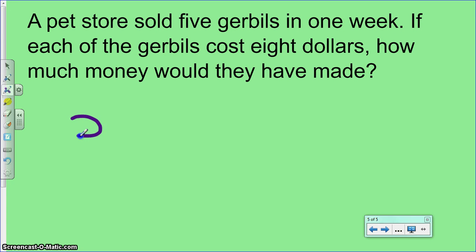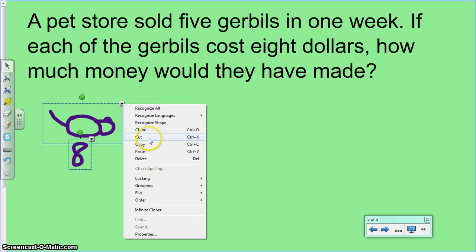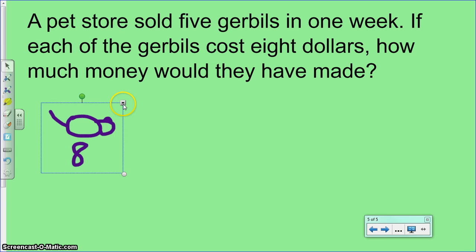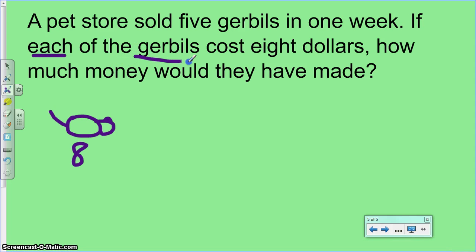Well, here's a gerbil. And they get little long tails, okay? And that gerbil is $8. And it tells me in my number sentence that each gerbil costs $8.